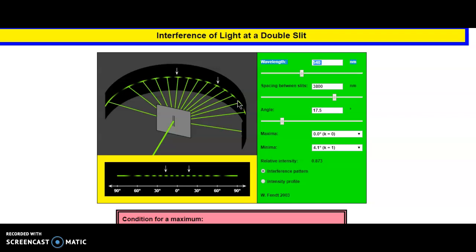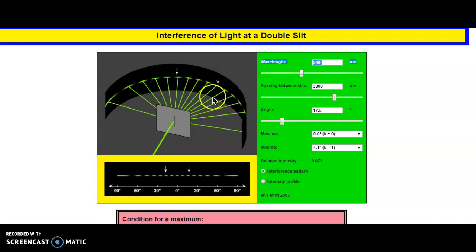But if they meet in a destructive manner, they cancel each other, as we saw in the previous video. So there is no light and we are not able to see it. Here again we have constructive interference, destructive interference, constructive, destructive. We call this a pattern.